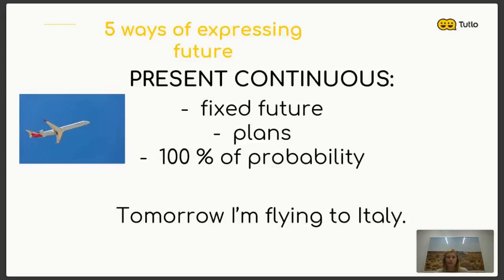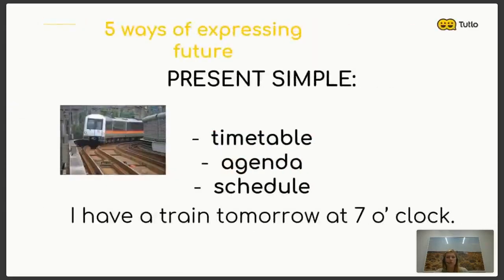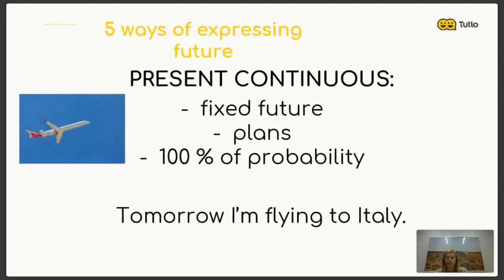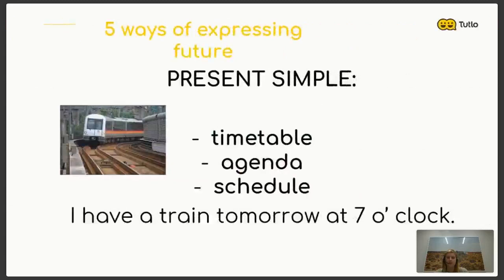So far, so good. We have one more phrase and one more use. So present simple. Have you got any ideas when we use present simple? Look at my examples. I have a train tomorrow at 7 o'clock. So present simple to talk about future. We use when we mean what?